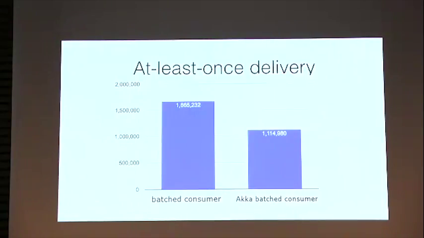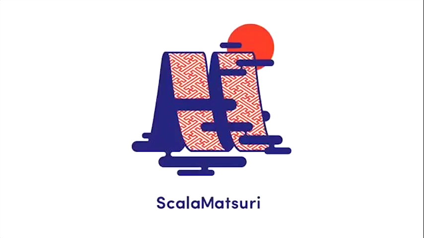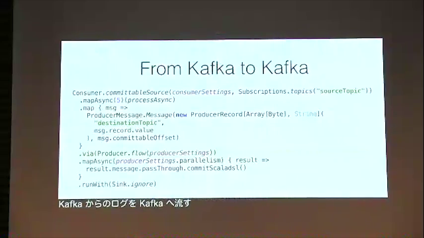It was much slower, but it started to be faster with a few great optimizations and with the new Kafka version underneath, apparently. So in this case, after the processing, we transform the messages to make them producer-compatible messages. We put them into the producer, which blocks, or I should say back pressures, because it's asynchronous.